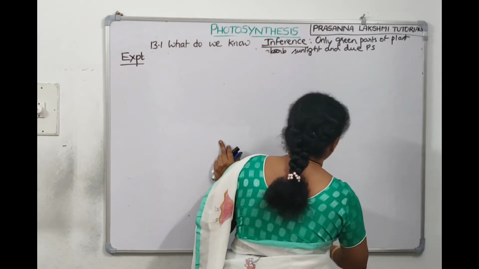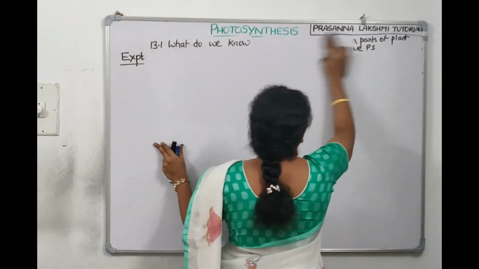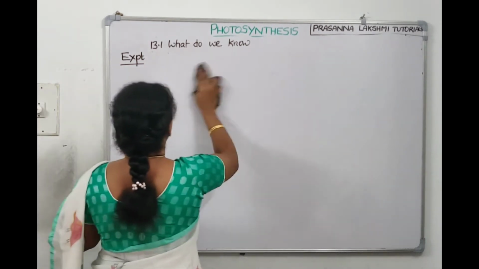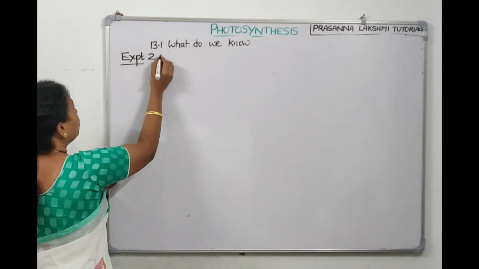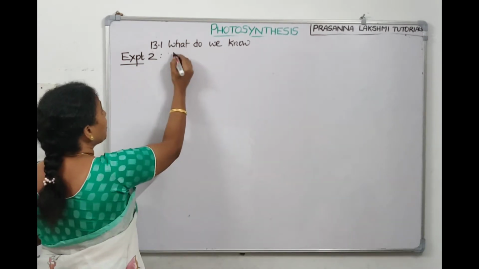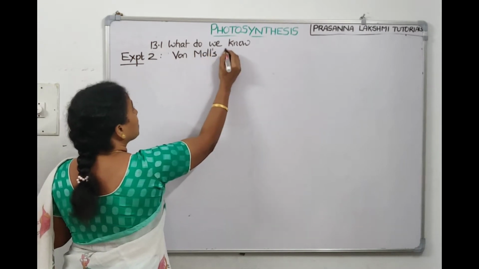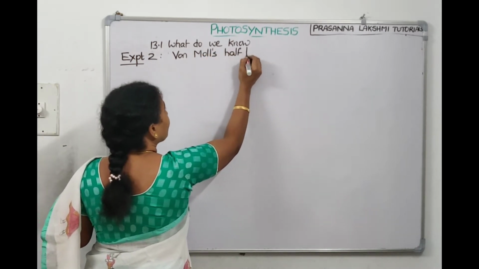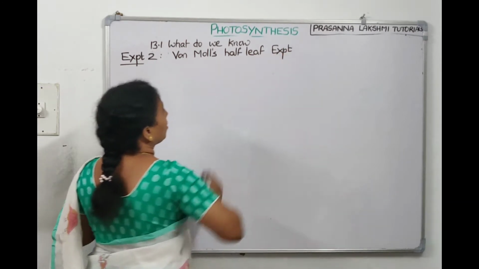Now the second experiment under the same side heading in NCERT is experiment number 2. It is called Moll's half leaf experiment. What is that experiment called? Von Moll's half leaf experiment.